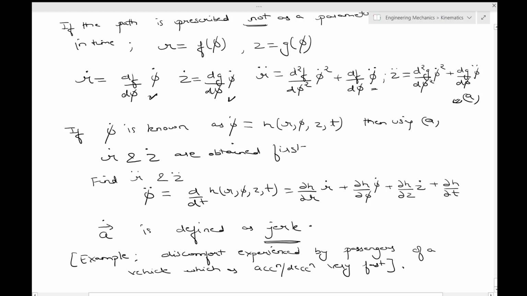Some of the other comments one can make are that the choice of the origin and the orientation of the coordinate axes in a reference frame is not unique. We have seen that enough number of times, right? Take O or O dash, the displacement doesn't change, the velocity doesn't change, and so on. Since the origin O is not unique, we can choose it to make our problems easier.